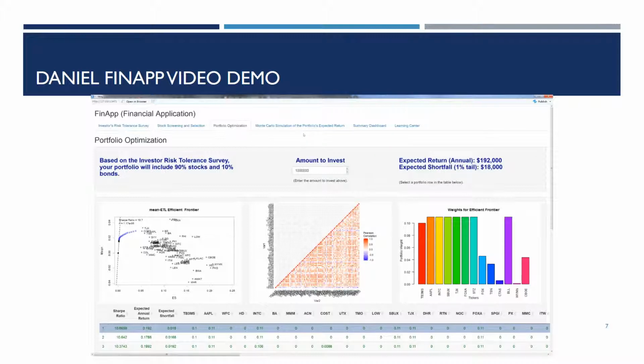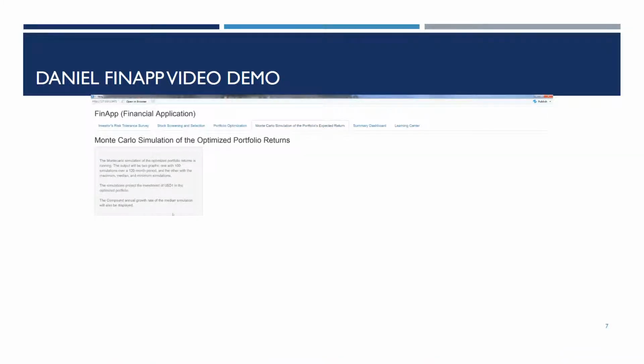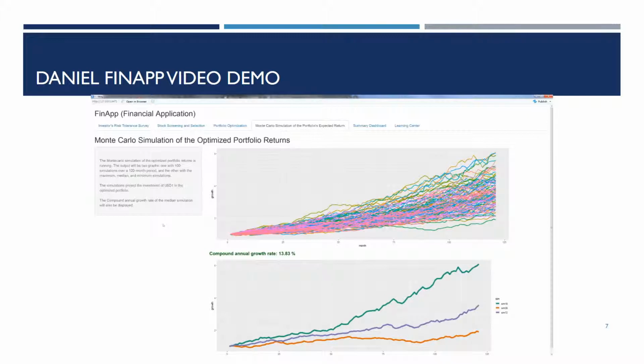After this, we would like to see how this optimal portfolio will fare over time. So we'll go to the Monte Carlo simulation section, where this selected portfolio passes on to this section, and it's going to produce 100 simulations right here in the top chart with the maximum simulation, the median, and the minimum simulation in the lower chart.